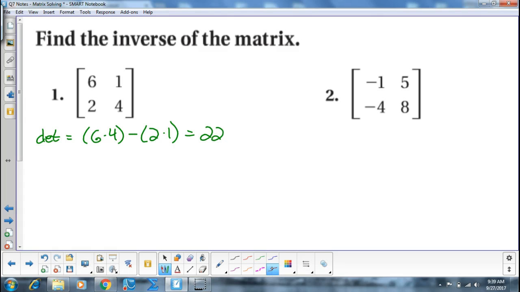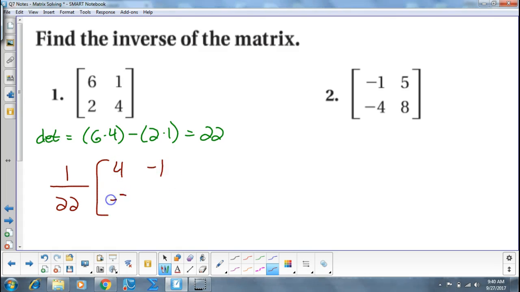So my inverse is going to be 1 over 22. Then my matrix is 4, negative 1, negative 2, and 6. Now, you can leave it like that. You don't have to distribute that 1/22 into it. If you want to, more power to you. But you don't have to.